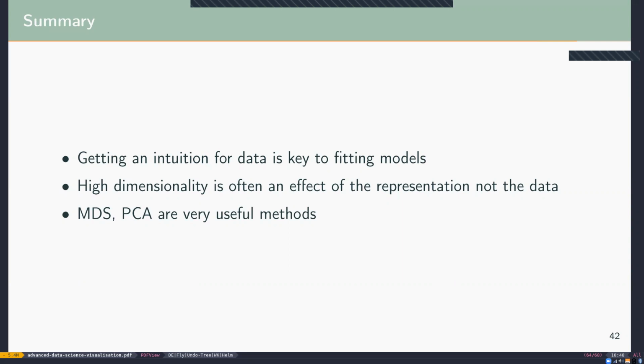So how do you think about high dimensional data? Well, it's very, very hard. Generally the data itself, the canonical representation that we talked about, is not going to have this many degrees of freedom. It's a characteristic of the parameterization of the data, not the data itself. So can you reduce the dimensionality to look at it?